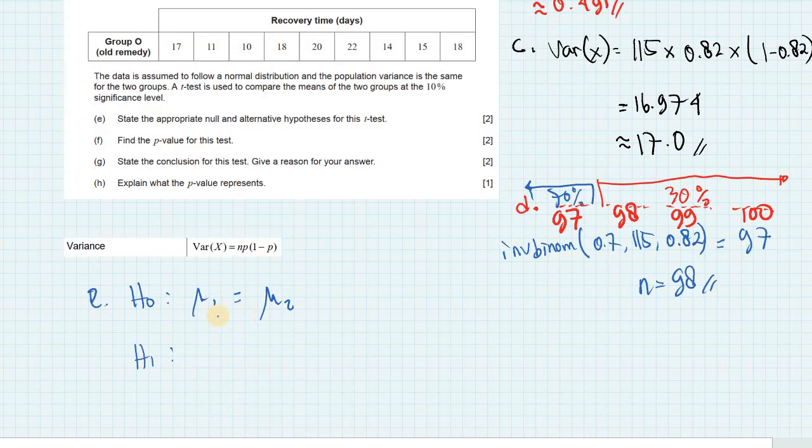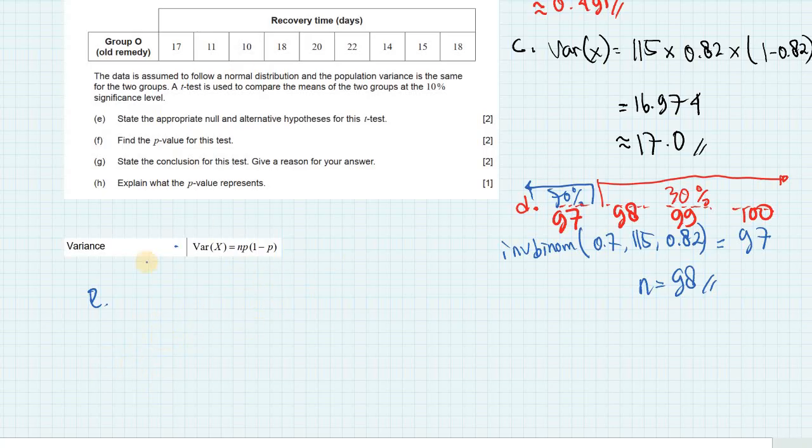wait a minute, we have to identify what is mu1 and what is mu2.